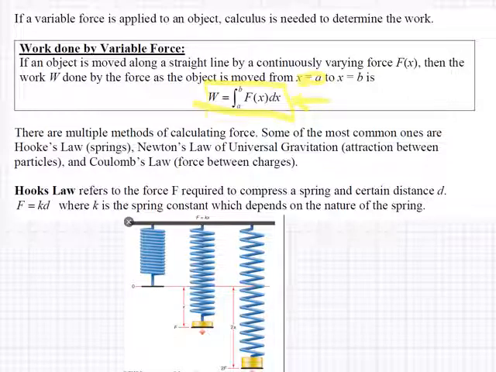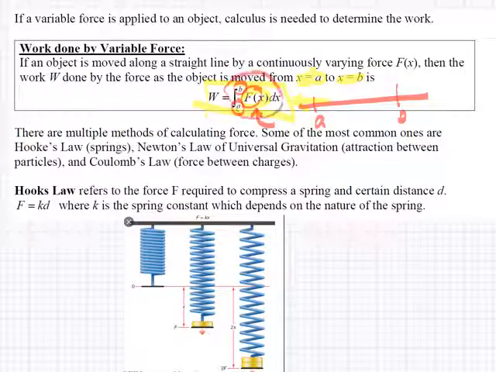And we start at A and we go to B. So if we knew what the variable force was that those people were pushing that rock with, and we knew where they started and where they ended in terms of a straight interval from A to B, we could plug that force in here. We could integrate it with respect to x and evaluate it between A and B, and that would give us the work done in that problem. Some typical problems where it's easy to calculate the force as a function would be spring problems. Okay?